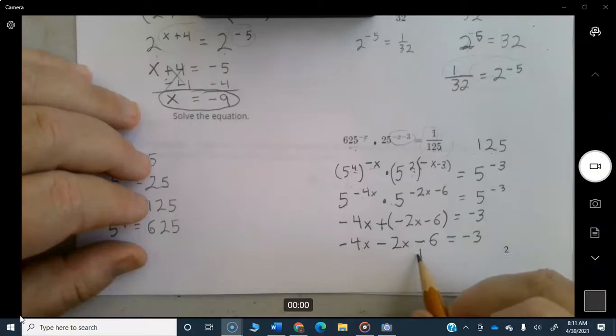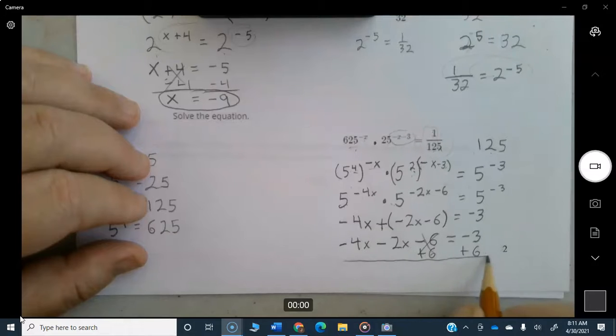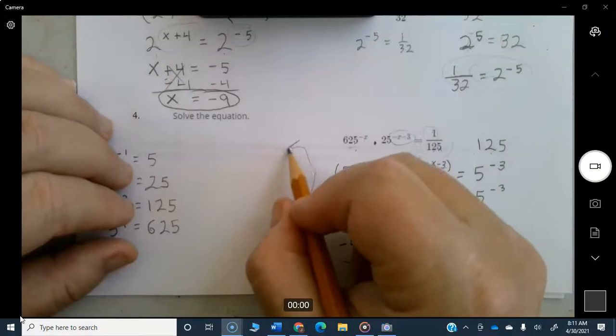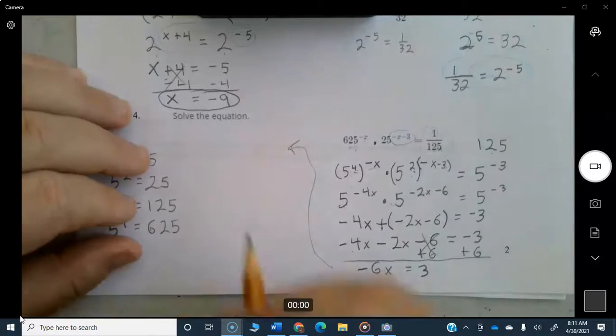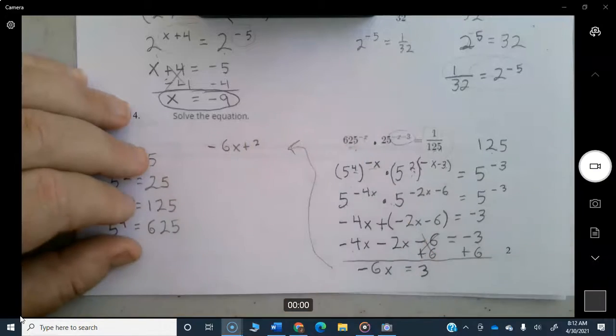So we're going to add 6 to both sides. These go away, and what you end up with down here is negative 4x minus 2x is negative 6x equals negative 3 plus 6 is 3. Okay, and I'll just come up here to finish the problem. So I have negative 6x equals 3 rather.